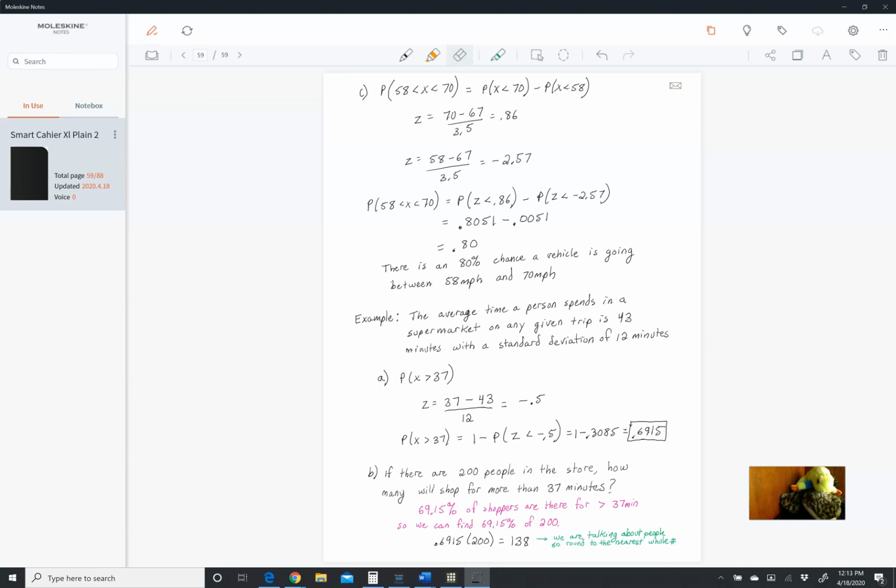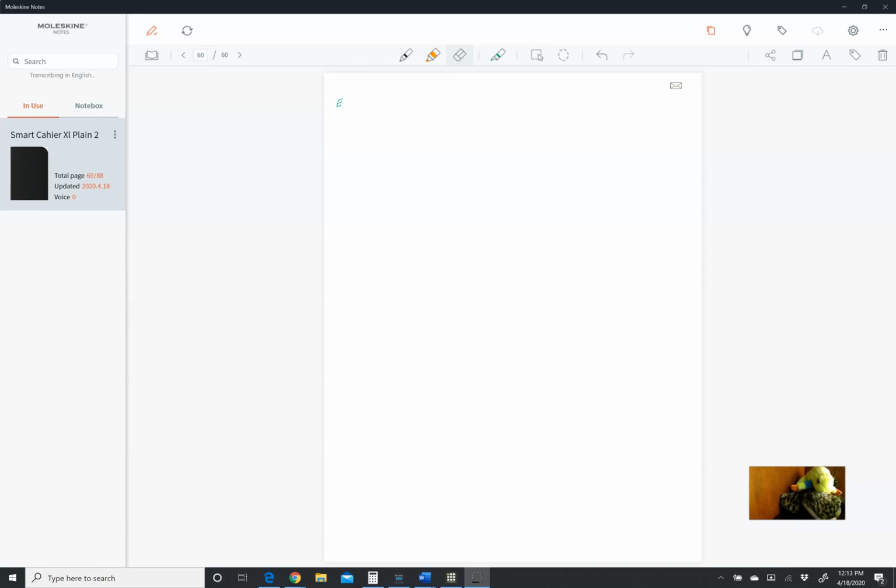Okay, let's just do one more example, okay? Let's say in a recent world study on happiness, participants rated their happiness on a scale of 0 to 10.